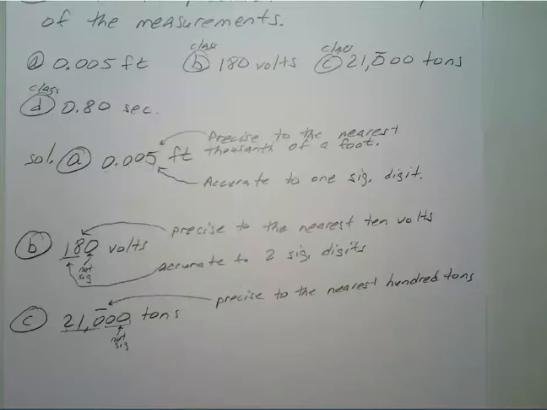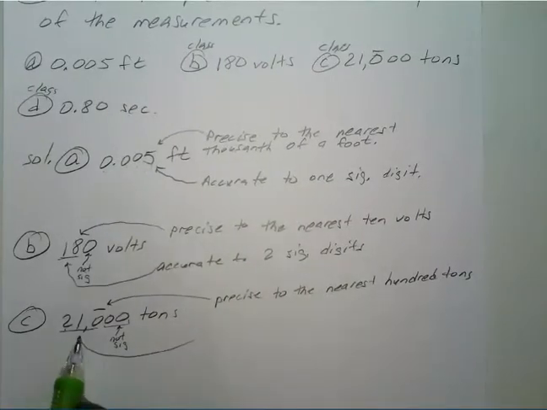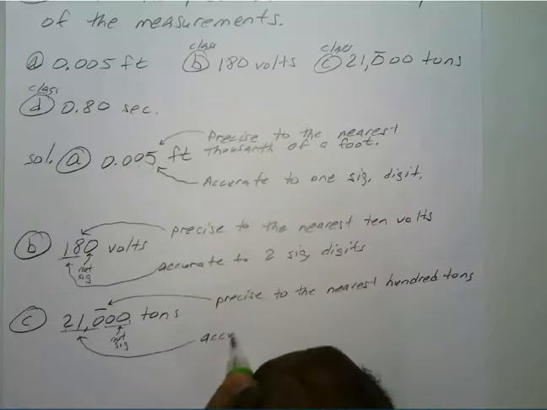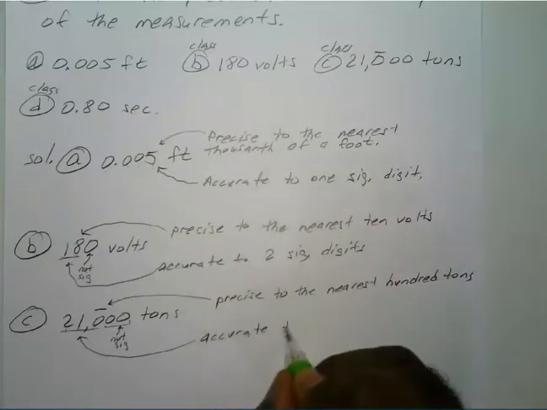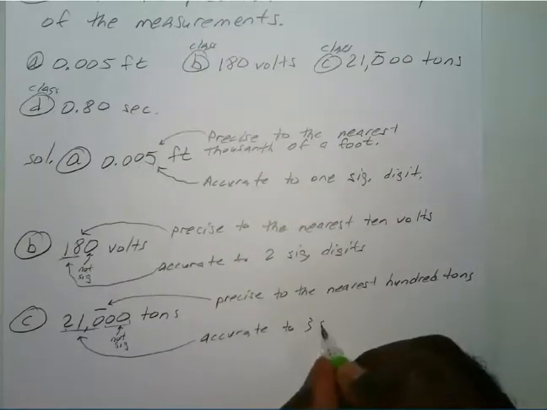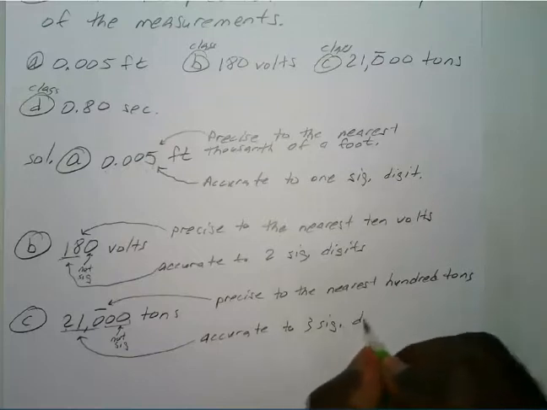How many significant digits do we have? Well, we have 3. So of course, it's accurate to 3 significant digits.